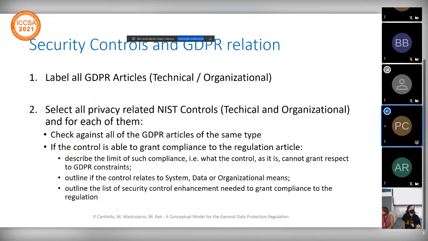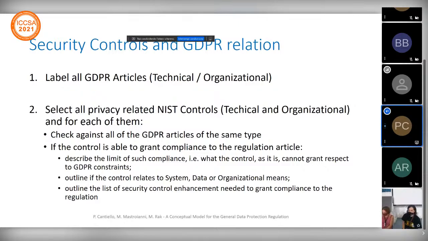If this control is able to grant compliance, we describe the limits of this compliance, what the control can provide and what it cannot, and outline if the control relates to a system or organizational means.